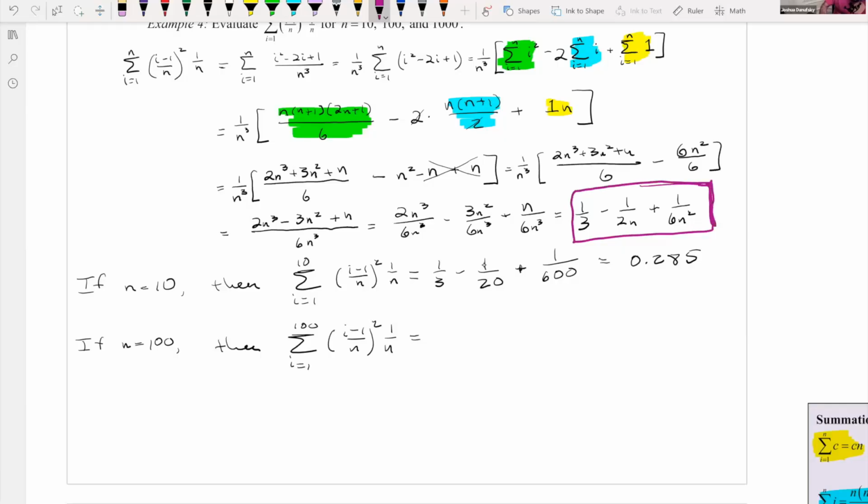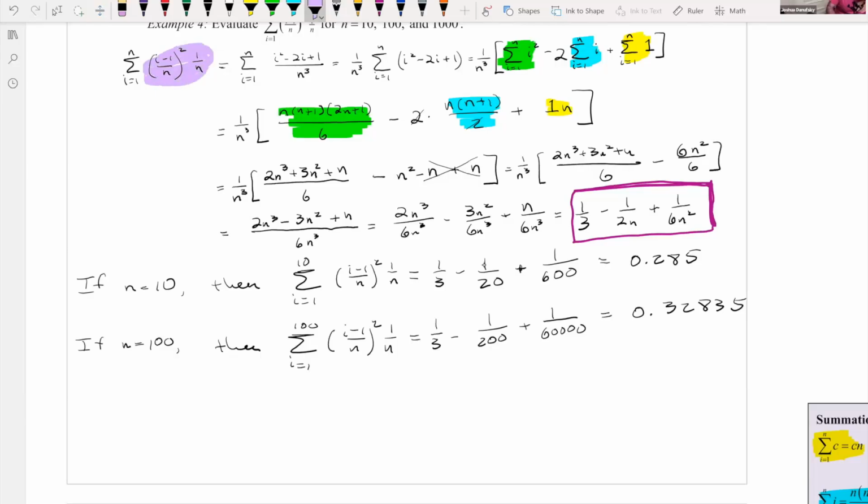So we're going to use 1/3 minus 1 over 2 times 100, which is 200, and then plus 1 over 6 times 100 squared, which I think looks like this, 60,000. And adding all those up gives you something like 0.32835. And so in that case, you just added up 100 of these guys right here.